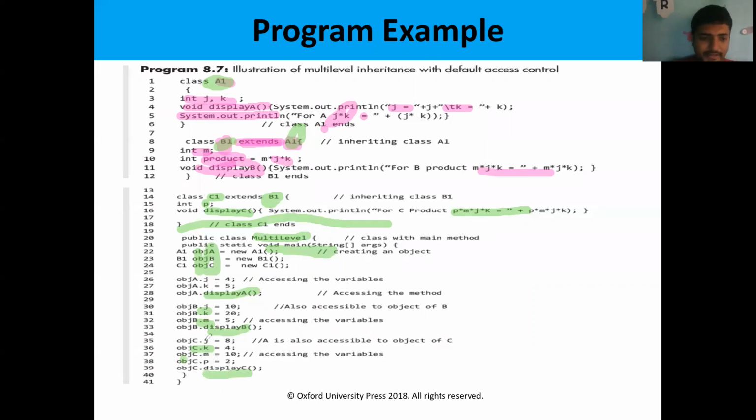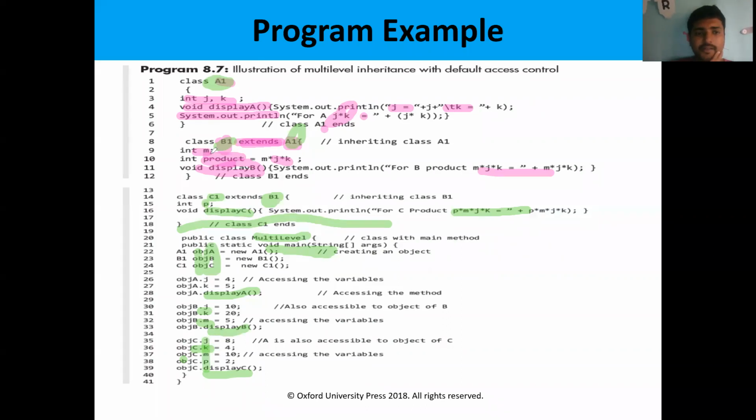J, K, M, P are the variables, but in the class C1 we have declared only P. We have declared only P, but we are using J, K, M also. That means we are inheriting the properties of B1.